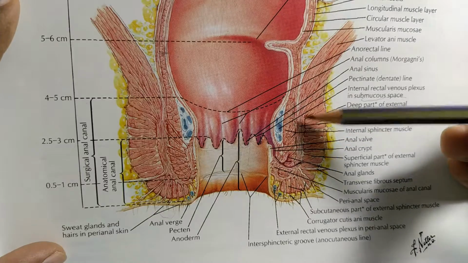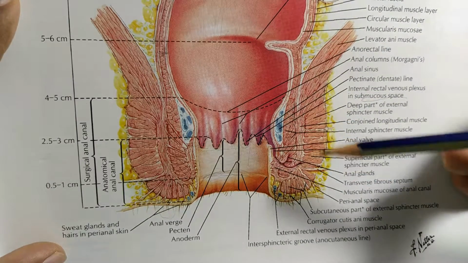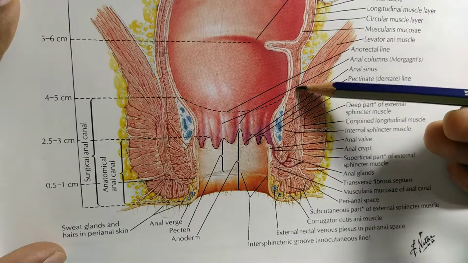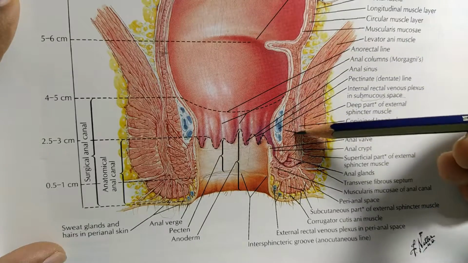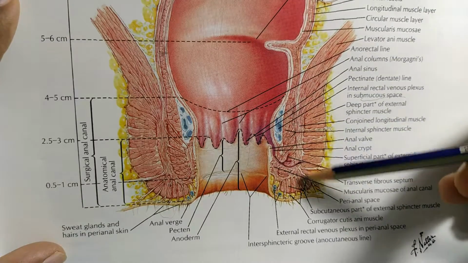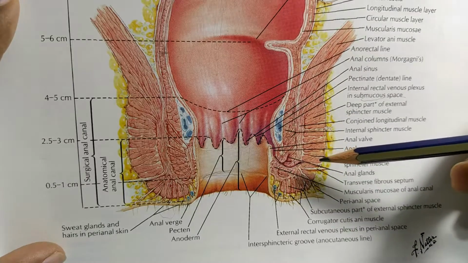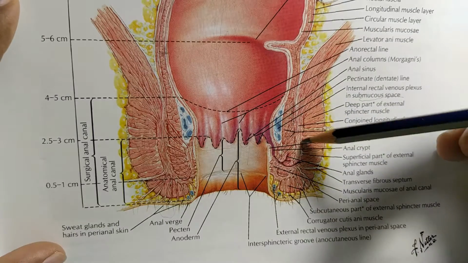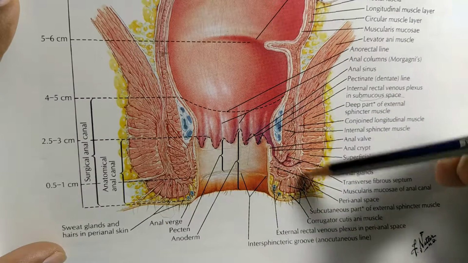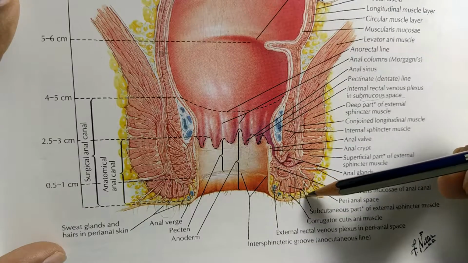Okay, now there is another important structure I forgot, that is the conjoint longitudinal muscle layer that will make a branch. You can see there are some branches, that is called the corrugator cutis ani. So the longitudinal muscles will further make an external sphincter and the corrugator cutis ani, which will extend up to the skin.